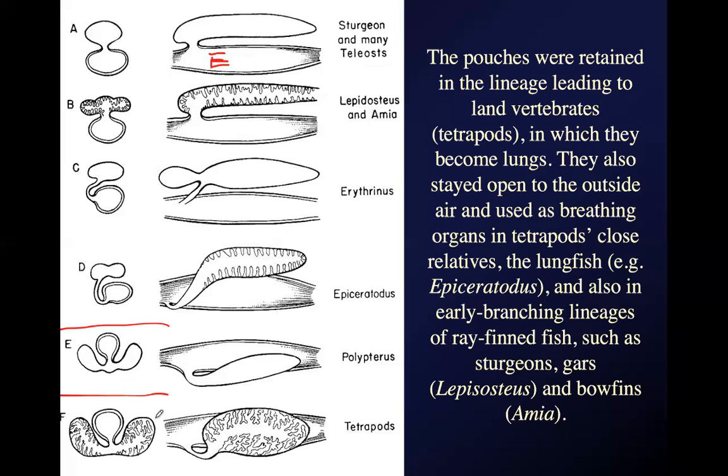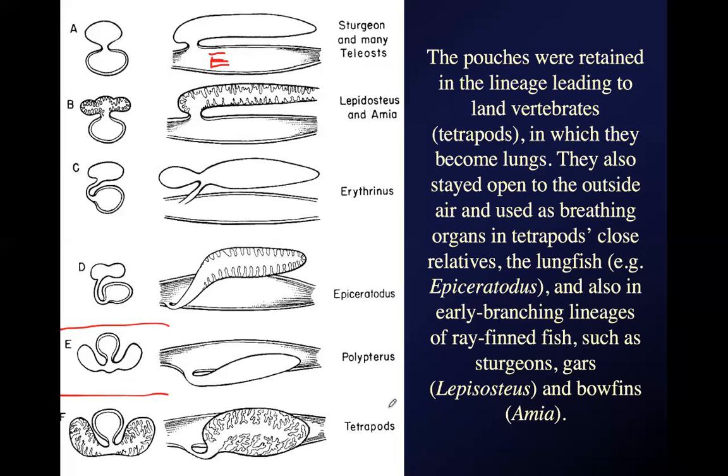And here's the thing, we see the same thing in tetrapods down here at the bottom. That's land vertebrates. That includes you. Your lungs began when you were a tiny embryo as little pouches coming off your esophagus.